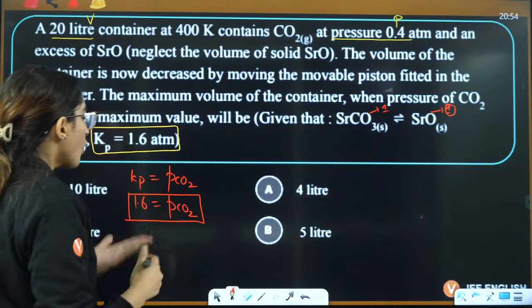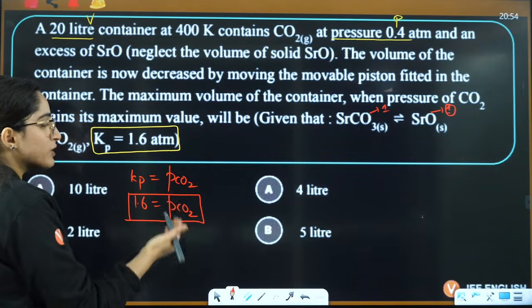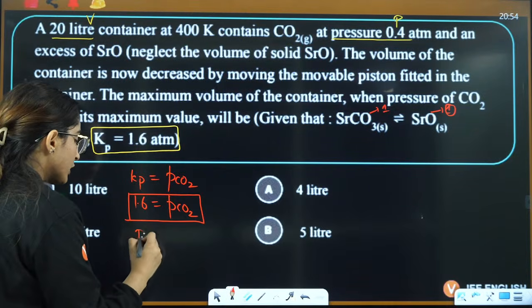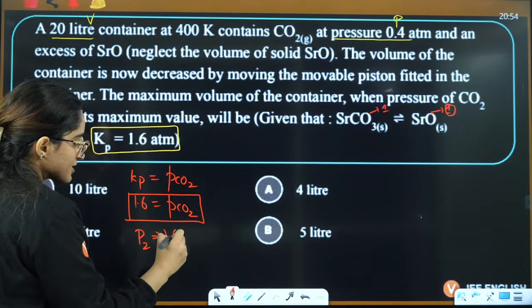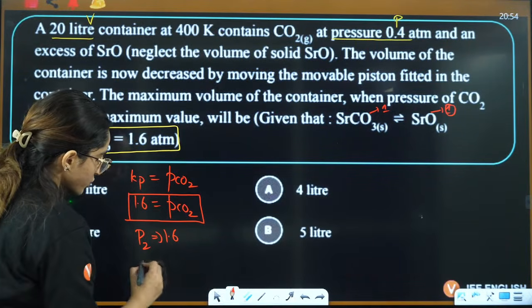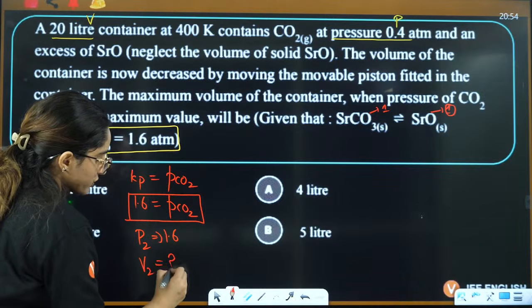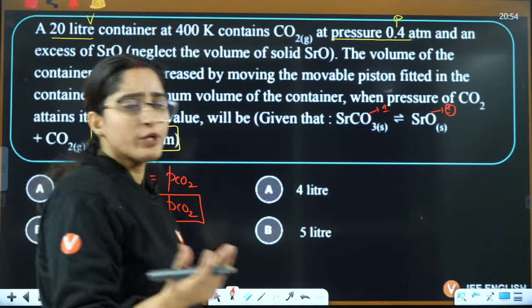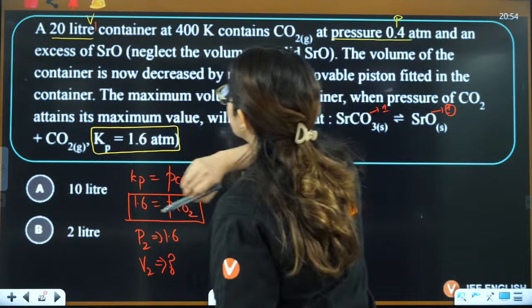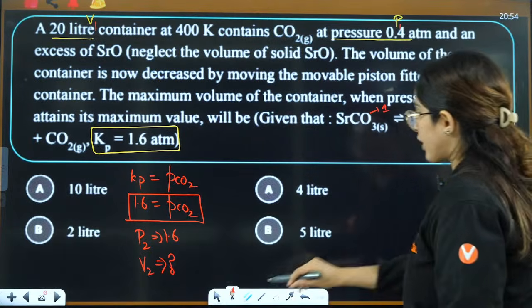And we don't know what is the volume of CO2 when the pressure of CO2 is 1.6. So let's take P2 as 1.6, that is the pressure of CO2 when the volume is V2, that we don't know. Okay, volume we don't know here. But we know that when volume is 20, then pressure is 0.4.